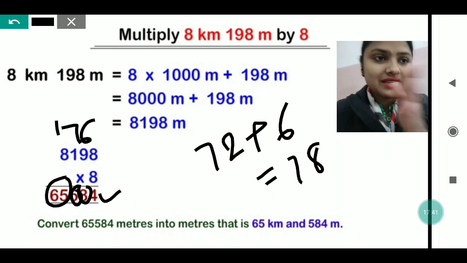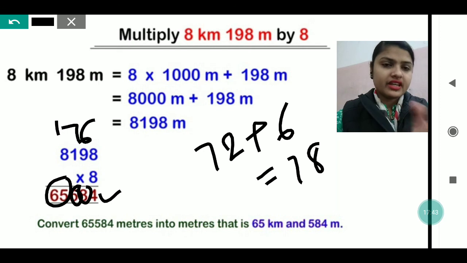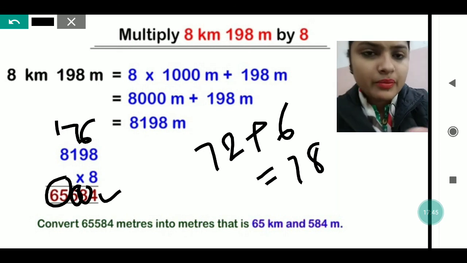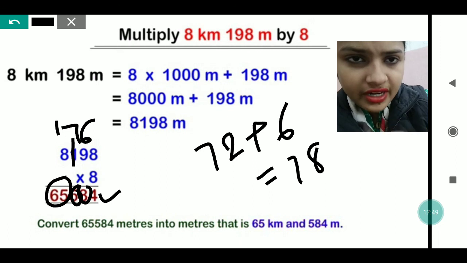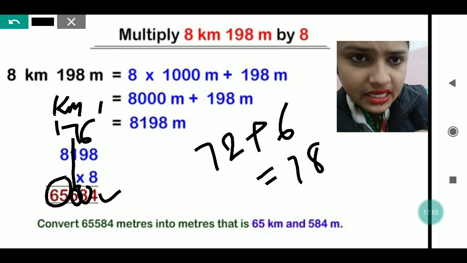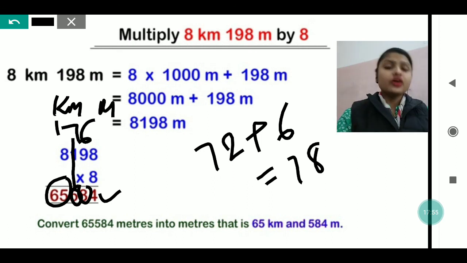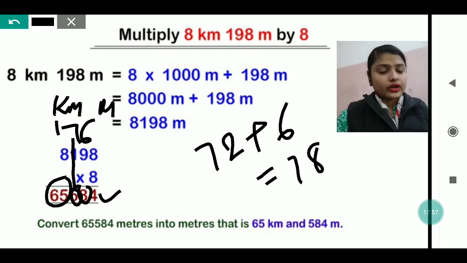Here it has not been distributed; it has not been written in the meters and kilometers columns, but it should be written upside. After it a line should be drawn, and this side it should be written kilometers and this side meters, so that later on we will not get confused.